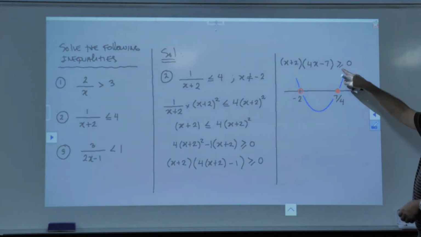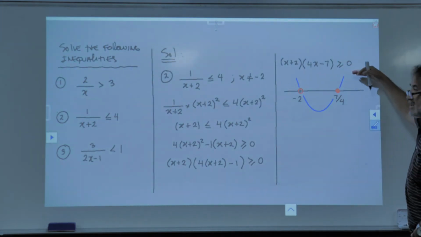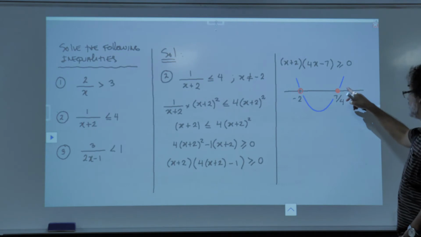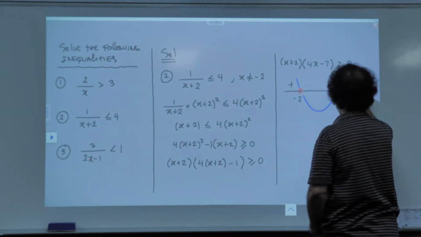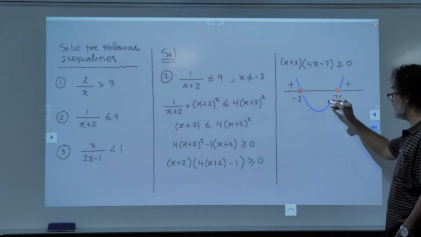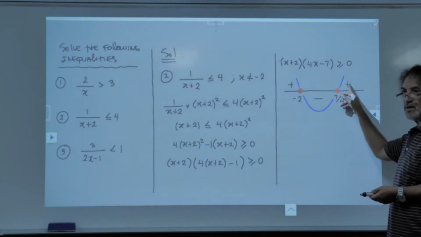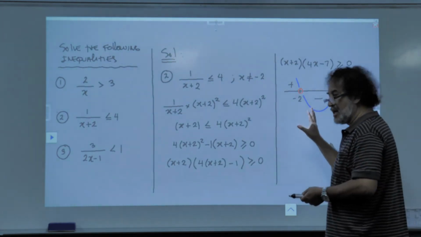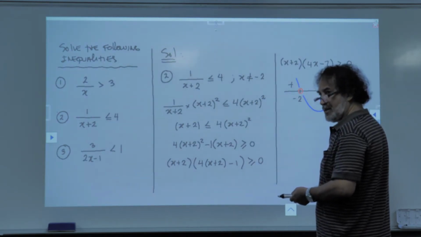And then you have to look at this very, very carefully and see that this is greater than or equal. So I mean that we look in the positive section. Okay, so the positive is here and in there. Otherwise, it's negative. Okay, can you see that this is positive, negative, positive? Okay, so I mean that the answer actually is going to be on this side or the other side.